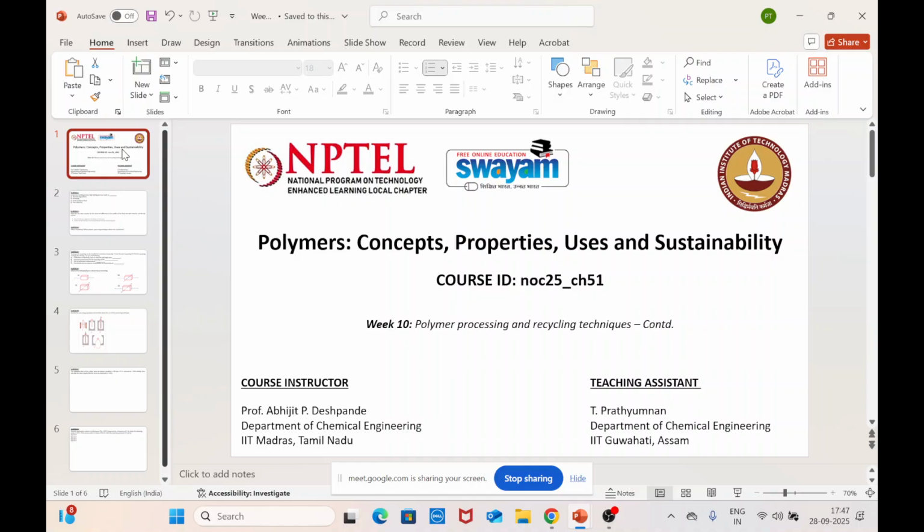Once that is done, the gas is blown into the polymer, so the polymer expands and gets conformally coated to the mold surface. After that, the entire system is cooled and solidified. Once that is done, it is separated so that the product can be retrieved. So this is about blow molding.